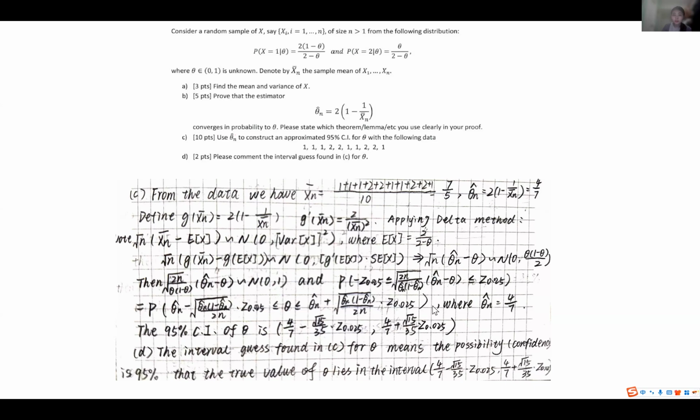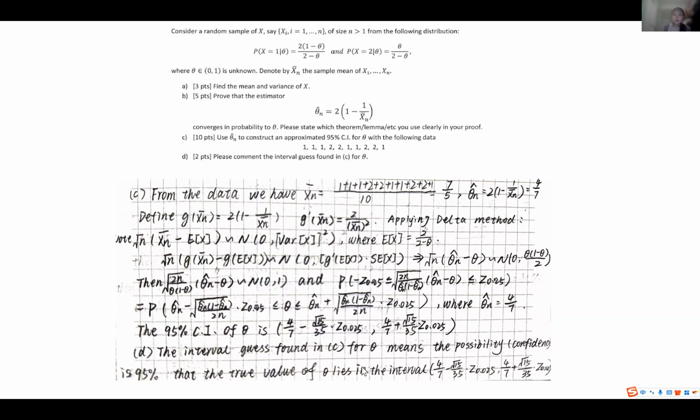Now make a simplification here, and we substitute the estimator theta n equals 4 minus 7, right? So we get the 95% interval of theta here. So we are done with this.